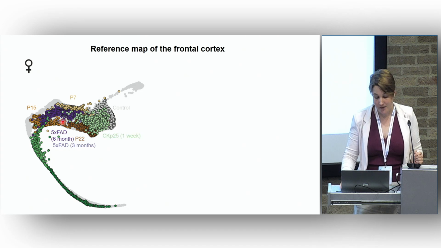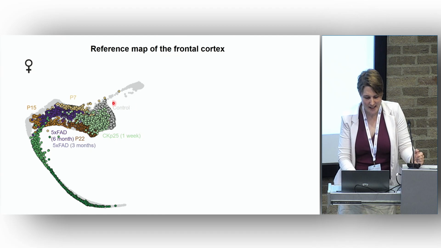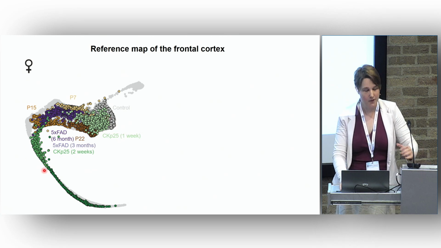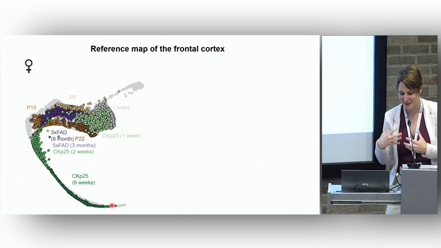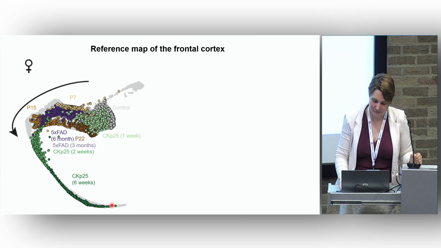And interestingly, when we look at the fast degenerative model, initially after 1 week you see not so many changes, but after 2 weeks the microglia morphology suddenly becomes very reactive and turns into this arm, which we almost call a disease arm. So a very massive change of the morphology.